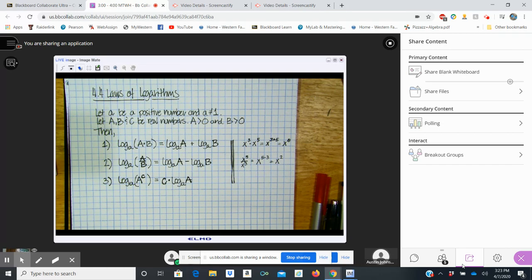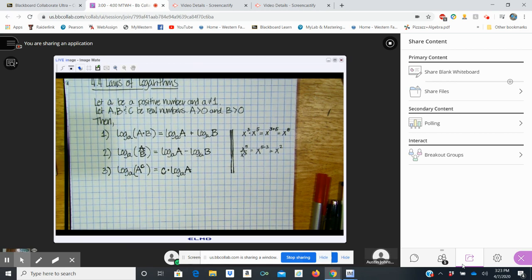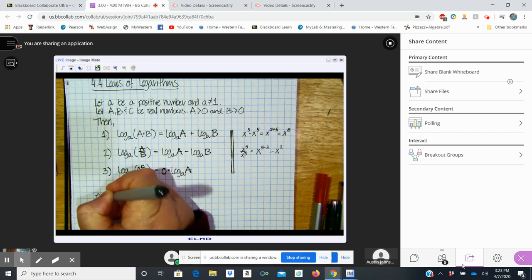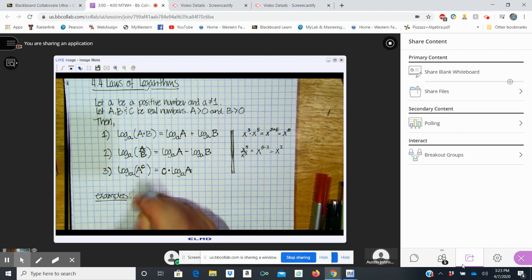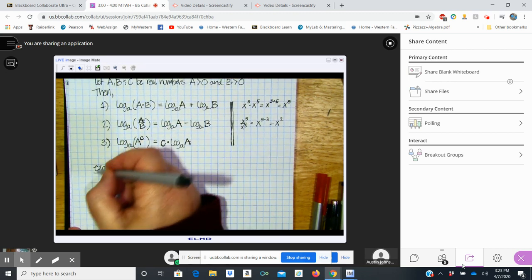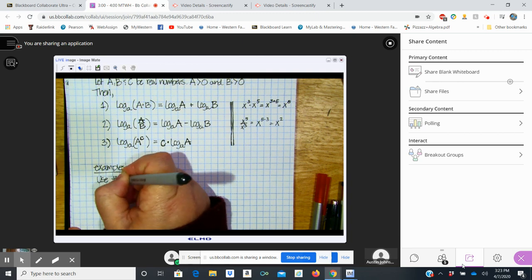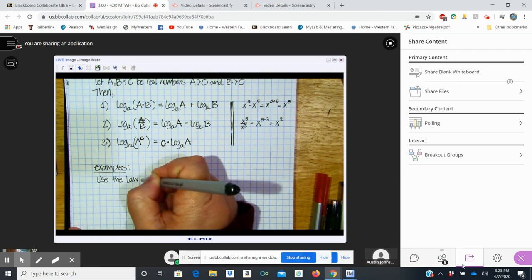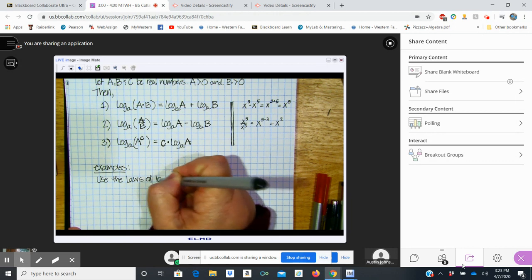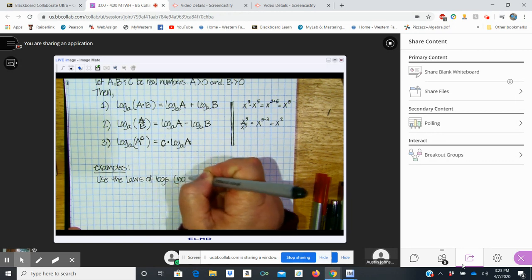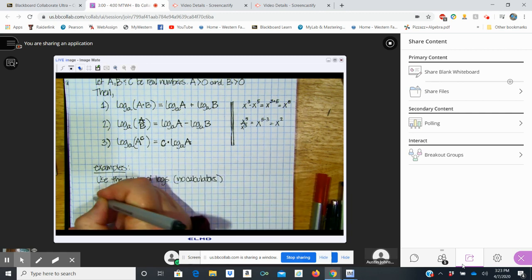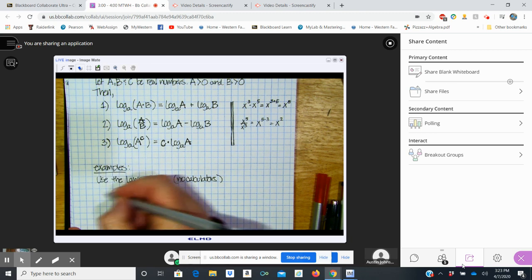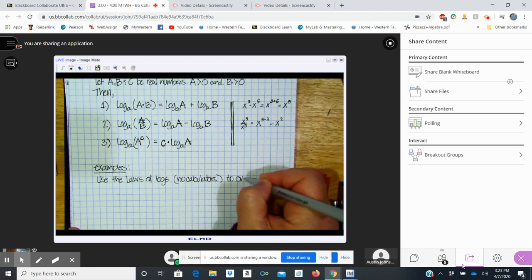Okay, let's try something. All right, using the laws of logs, no calculators, to evaluate.